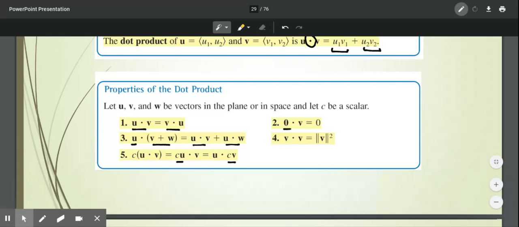If you do 0 dot V, you'll get 0. And if you do V dot V, you'll get the magnitude of the vector squared.